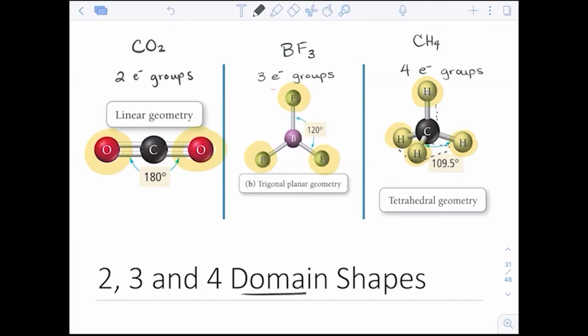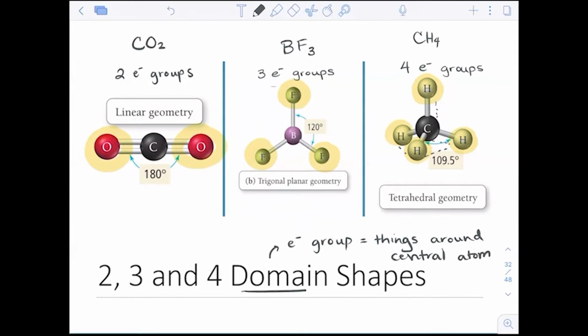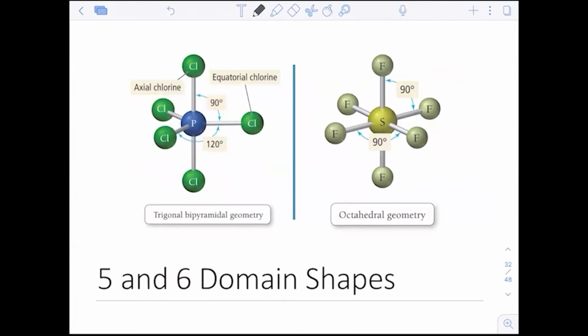Now, a domain is the same thing as an electron group. I like to think about it as things around the central atom. For 5 and 6 electron domains, we have a much different structure because of the expanded octet idea here.